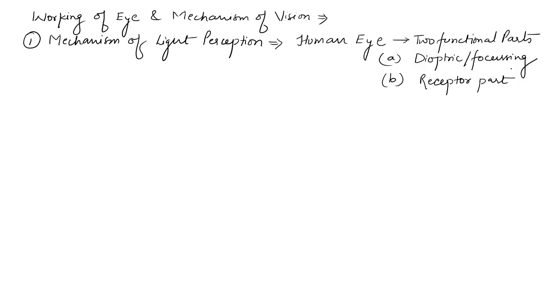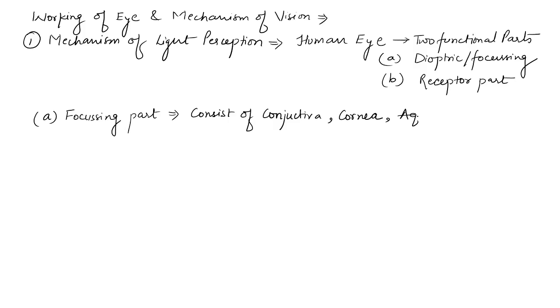Is it clear? So what is the role of the focusing part? The focusing part consists of conjunctiva, cornea, aqueous humor, lens and vitreous humor.